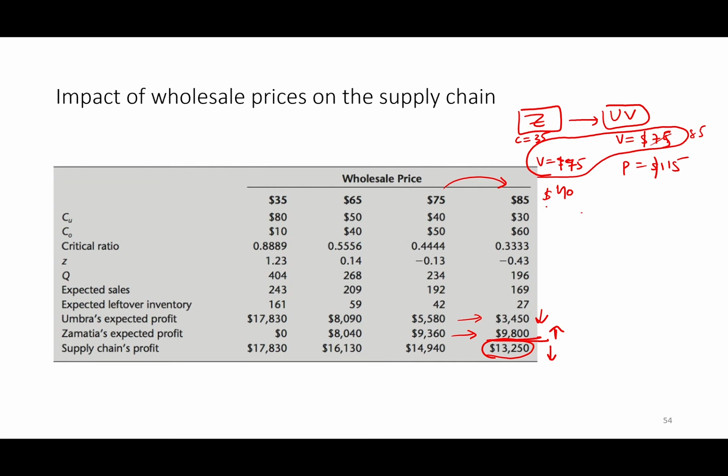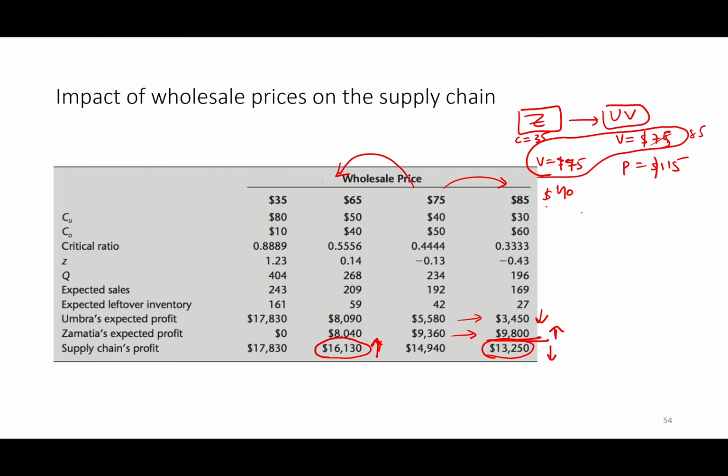So the ideal way would be that the manufacturer actually reduces their wholesale price. If the manufacturer reduces their wholesale price to 65, then the overall supply chain profit actually increases, right? From 14,940, it goes up to 16,130.